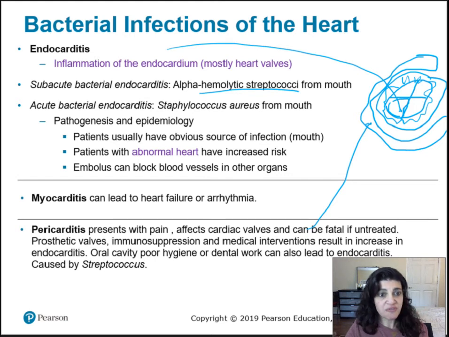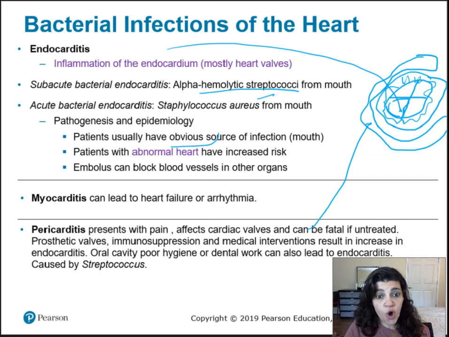You can also have acute bacterial endocarditis caused by Staph aureus from the mouth. Remember, they're normal microbiome from the mouth. But if they get into your bloodstream due to bad hygiene, gingivitis, periodontitis, anything that is exposing your blood vessels in the mouth can lead to that. They have a tendency to migrate to the heart, okay, and to the heart valves.